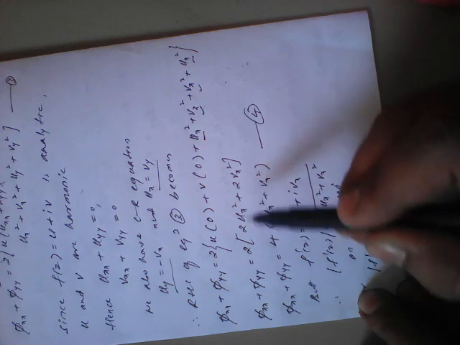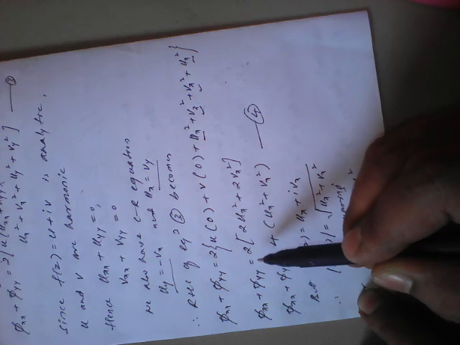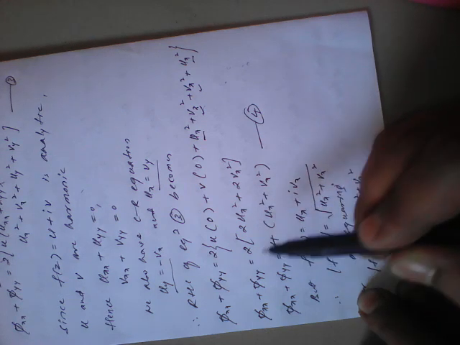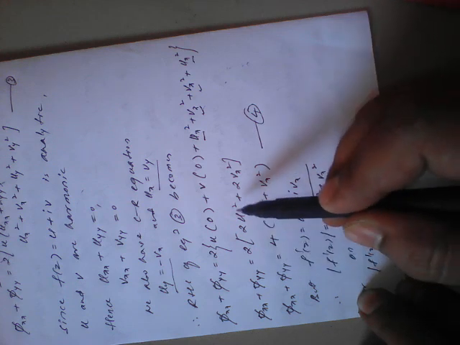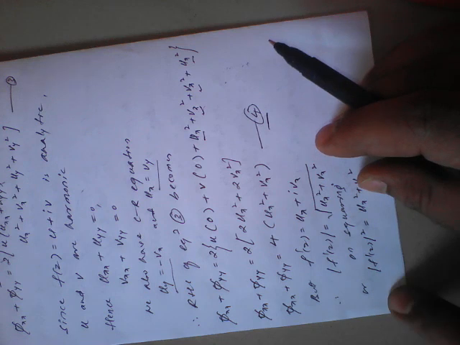So this 2 we take common, and if you bring it outside, it becomes 4. So 4 times u x square plus v x square, and we'll call this equation number 4.